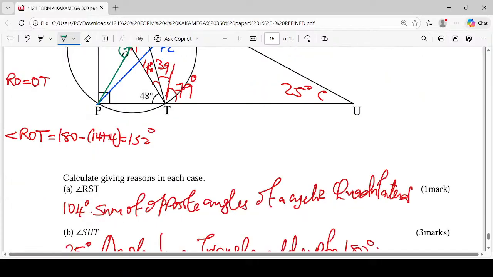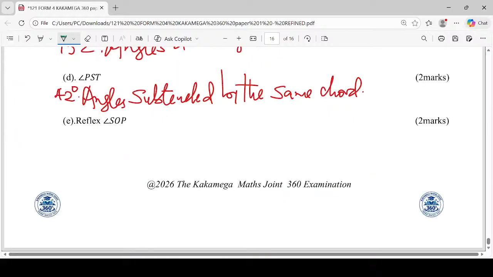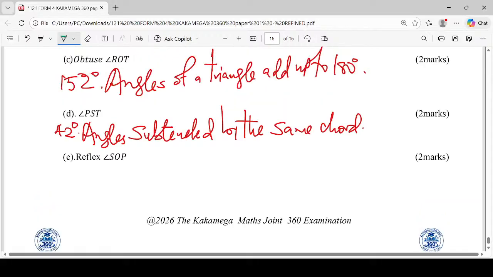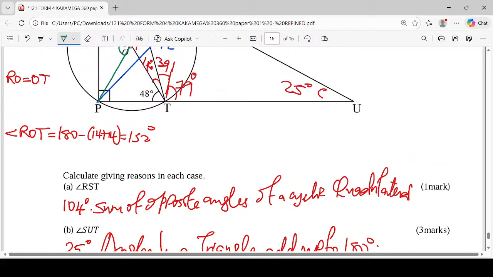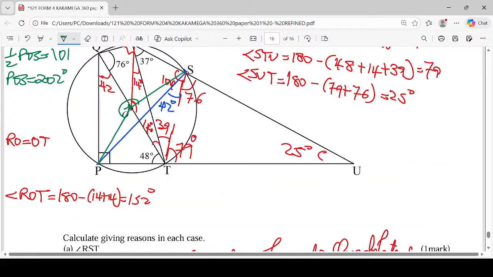So that means that the angle here, remember, 202 is the angle POS.